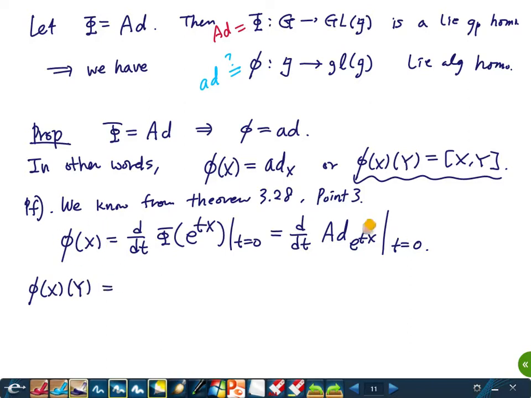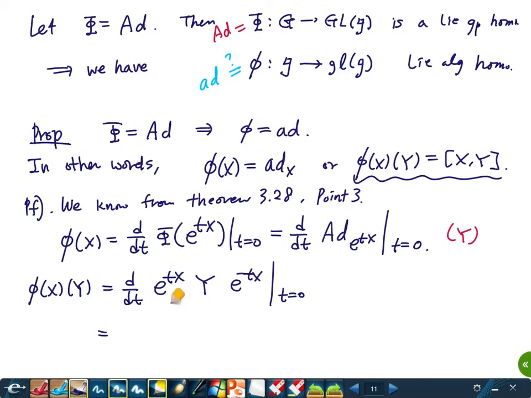Because this map is the derivative with respect to t at t equals 0, we basically put y inside this function. But what is Ad? It's e to the tx and e to the minus tx, with y inside like that, and then we put t equals 0. We can use a product rule here, even for these matrices.